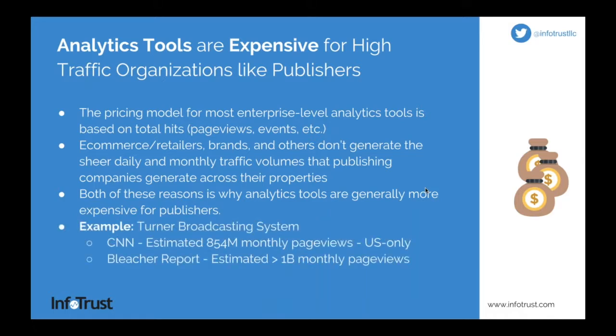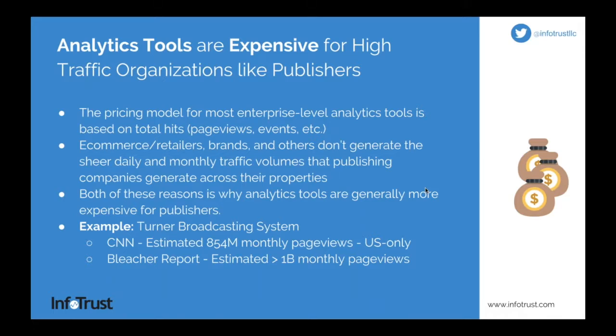Let's take an example here. Let's take TBS, Turner Broadcasting Systems. If you look at CNN, just the US site is estimated at around 854 million monthly page views. If you look at Bleacher Report, across all of the countries, they're estimated around 1 billion or so monthly page views.